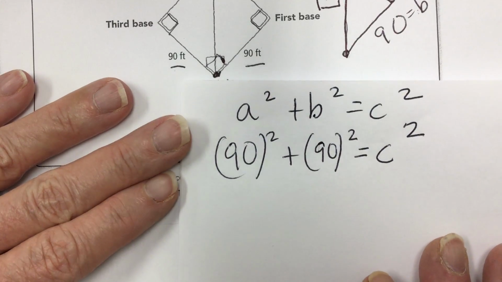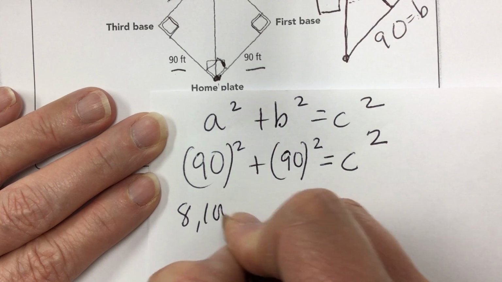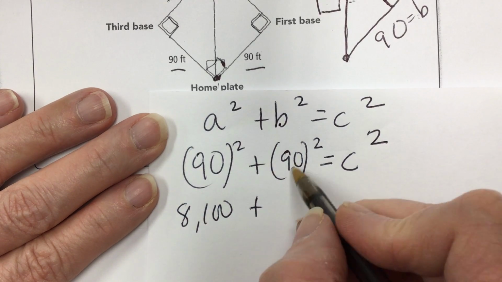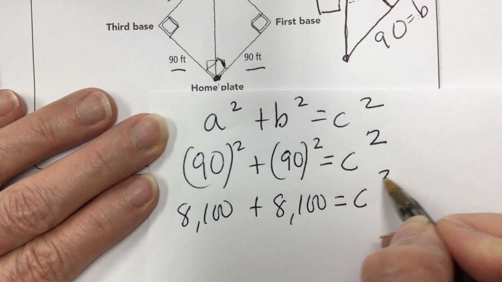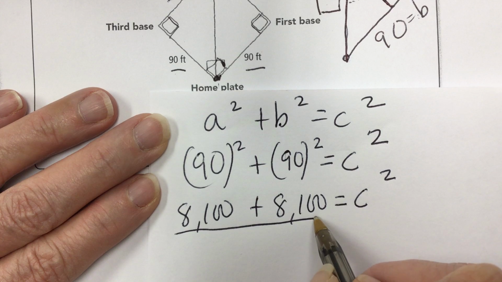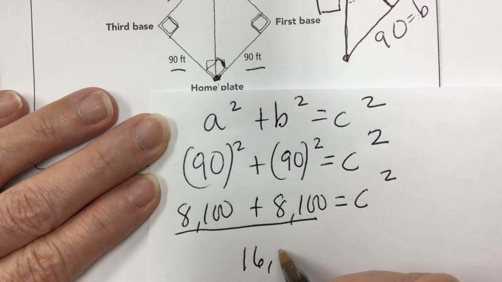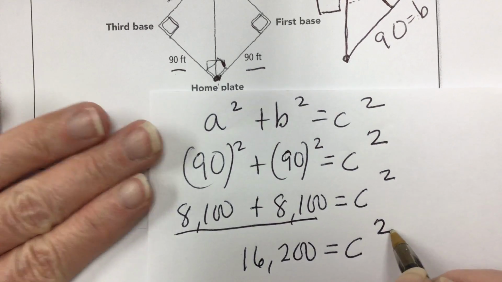Okay? Continuing working. 90 squared is 8,100 plus 90 squared is 8,100 equals C squared. Add these two together, you get 16,200 equals C squared.